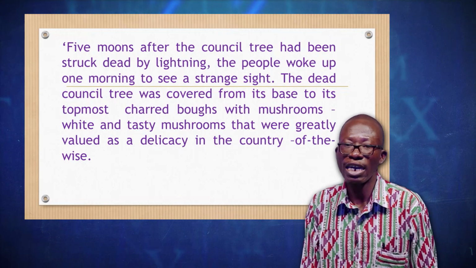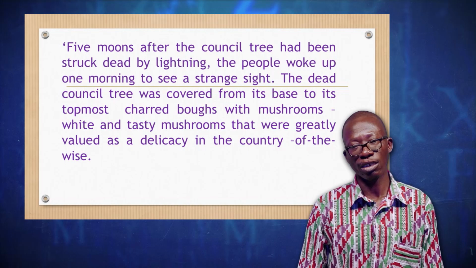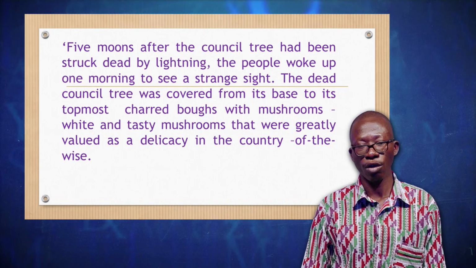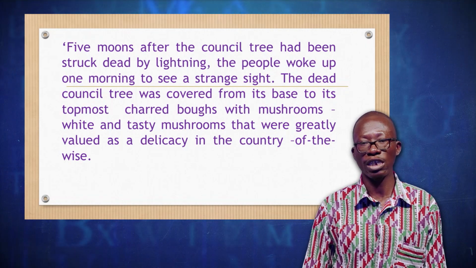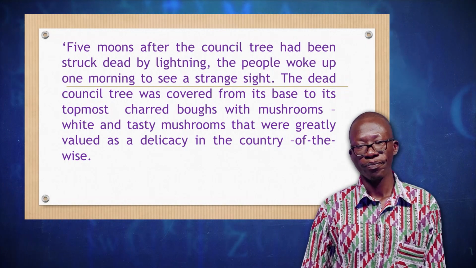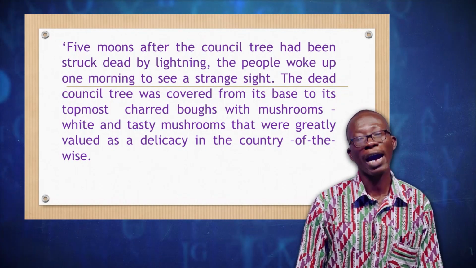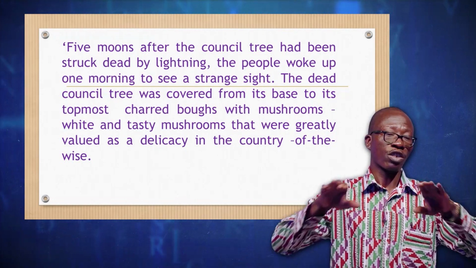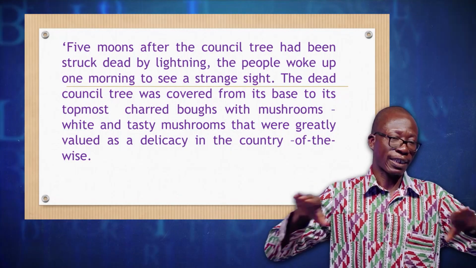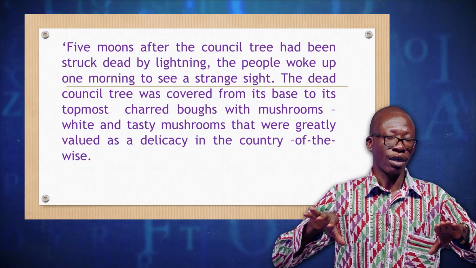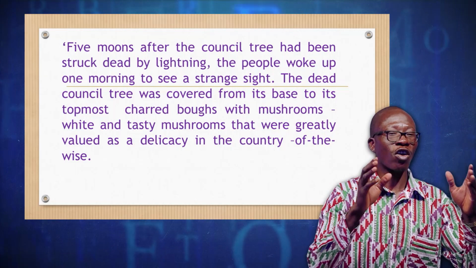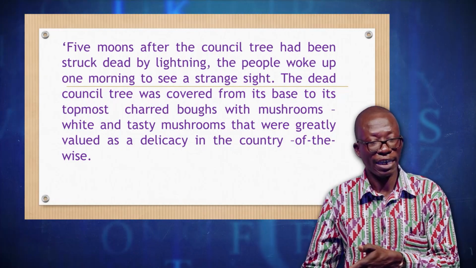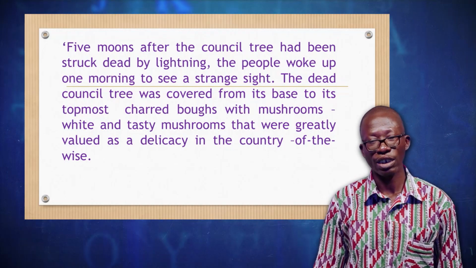Five moons after the council tree had been struck dead by lightning is subordinate to the clause, the people woke up one morning to see a strange sight. We do not have in this sentence two clauses of equal weight. Remember, we shall discuss the kind of clause we have in the first one, where a clause is used to introduce the other. When we get there, we shall discuss.